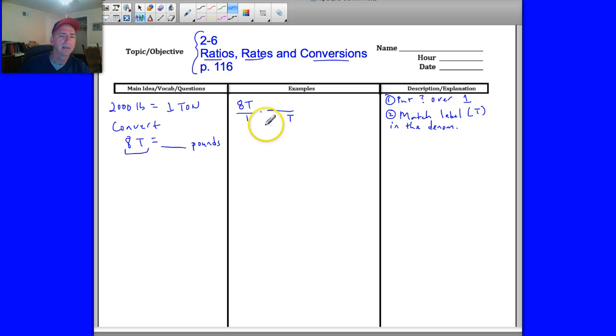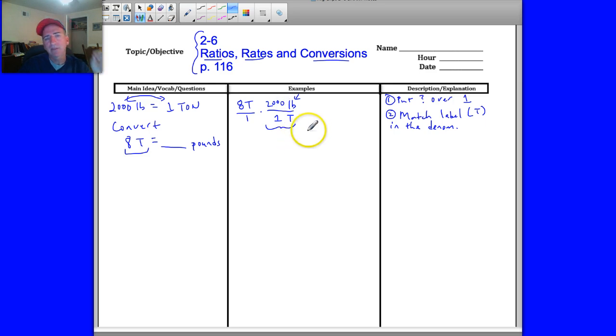Now hopefully I know how many pounds equal 1 ton, and we do, because I gave it to you. So since I know that 2,000 pounds is 1 ton, in the numerator I want that label if I have it. What I know now is I have labels in tons, and I know that 1 ton is equal to 2,000 pounds.